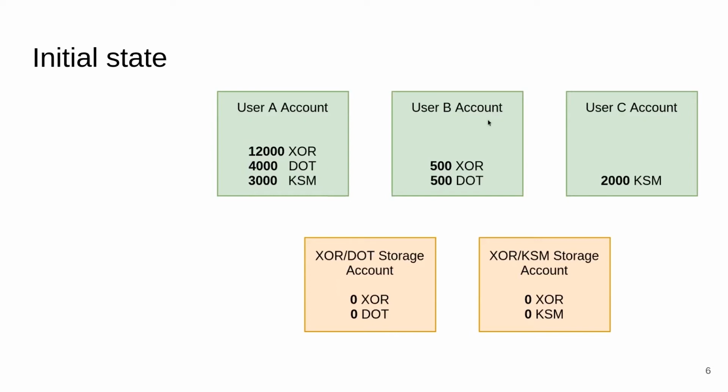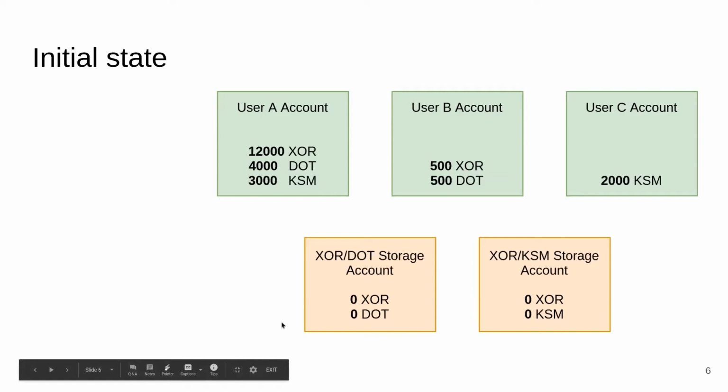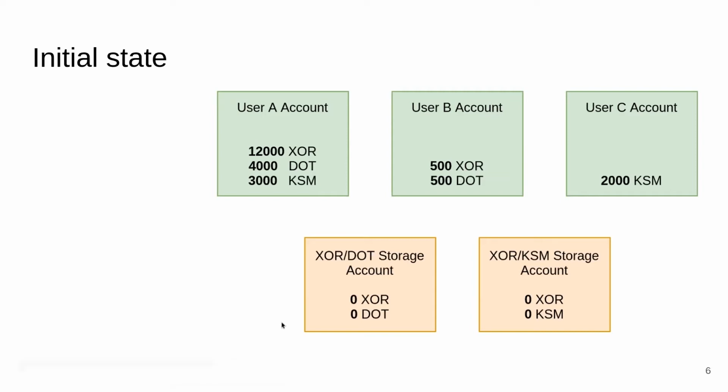Also, user B has XOR and DOT tokens, and user C has 2000 KSM tokens. Below, you can see the pool storage accounts, which were created with the pool initialization ISIs and are linked to the pools. The scheme here shows the amounts of tokens transferred between accounts.